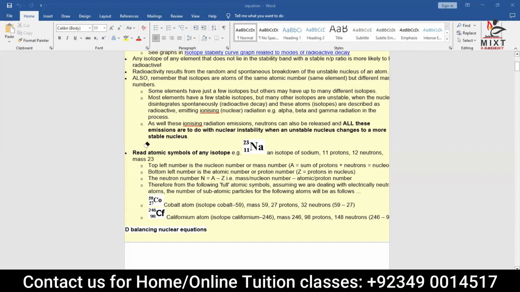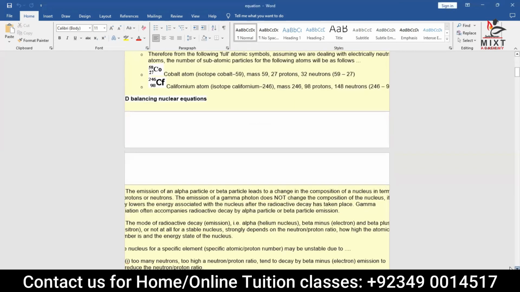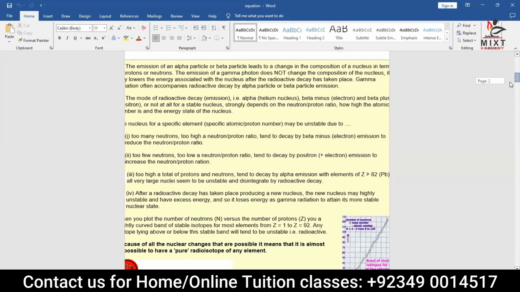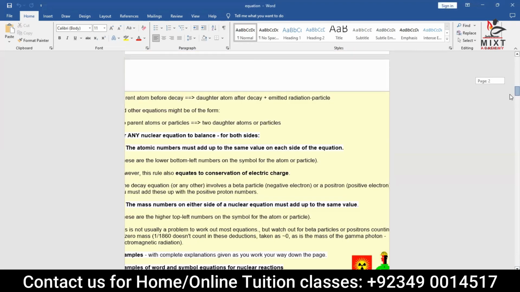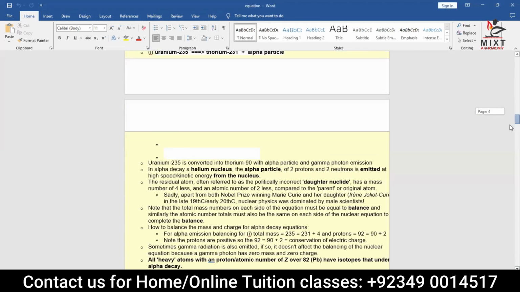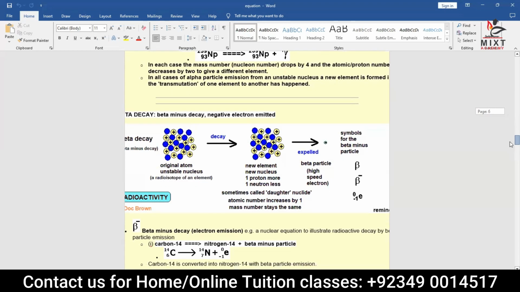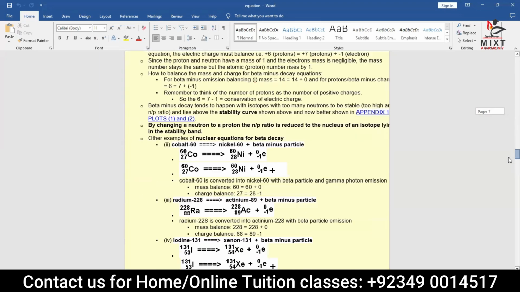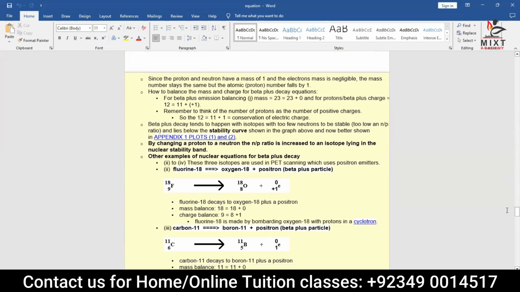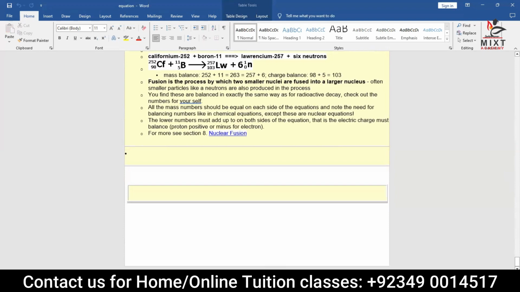Now, once you understand this, definitely we have to analyze the materials which are coming out as well. What are those? Let's do the analysis of what particles or radiations are coming out of it. First of all, we need to understand what exactly they are, and then we will see their equations as well, but we will do that later on.